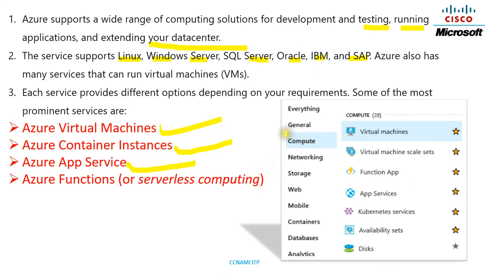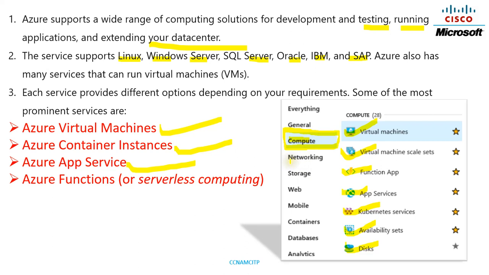We are talking about compute. If you go to this compute section, you can see it is showing virtual machine, scale set, function app, service, Kubernetes service, availability set, disk. So all this comes under compute services.